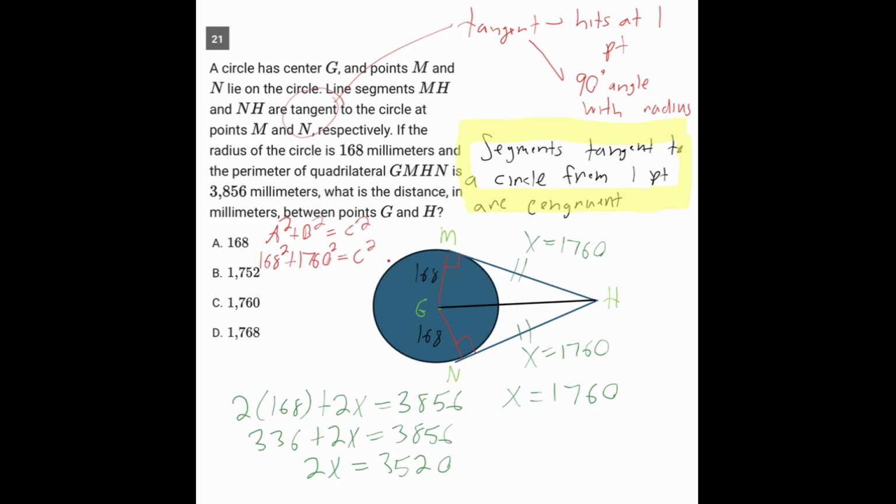So putting that in the calculator, 168 squared is a giant number, 28,224. And 1,760 squared is an even bigger number, 3,097,600.